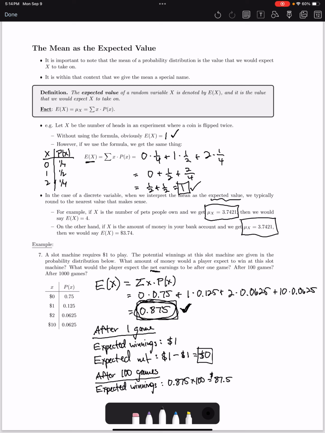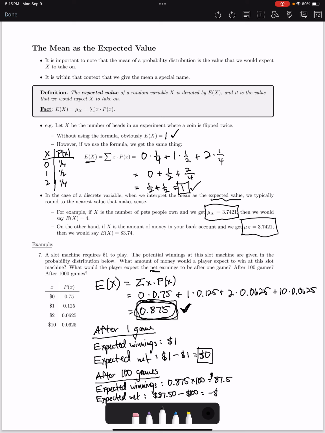But that's not how much you net, because you had to pay $1 every time you played. Okay, and if you're playing 100 games, that means you paid $100, right? So your expected net would be the $87.50 that you won minus the $100 that you paid to play, which would come out to negative $12.50.